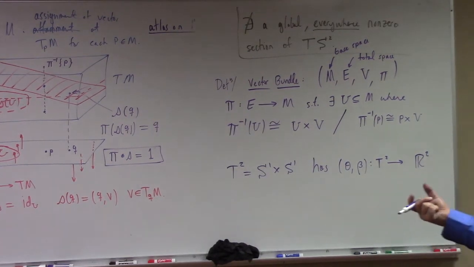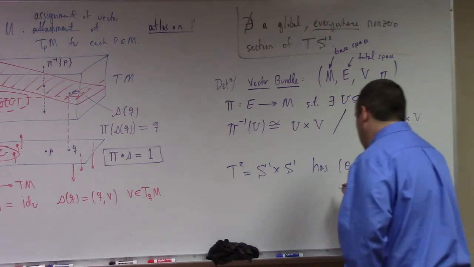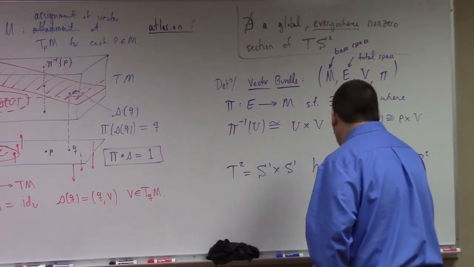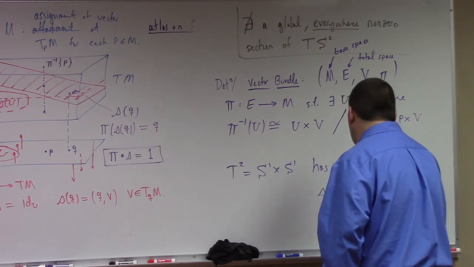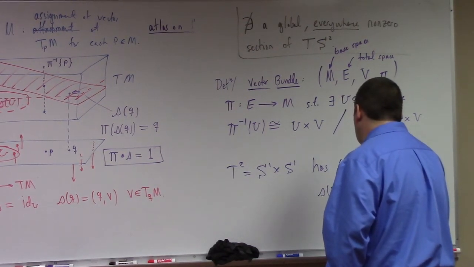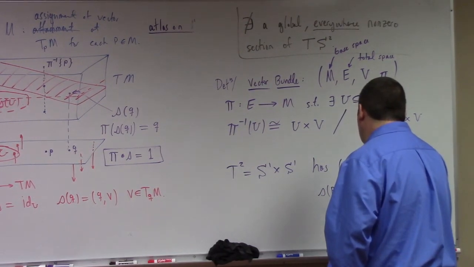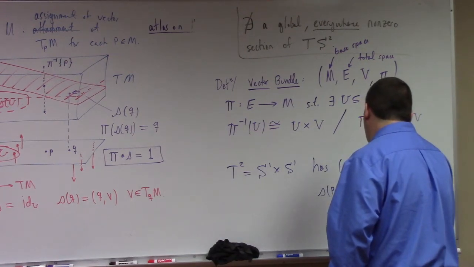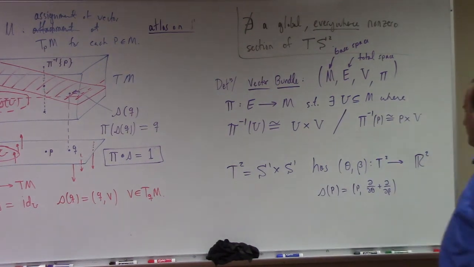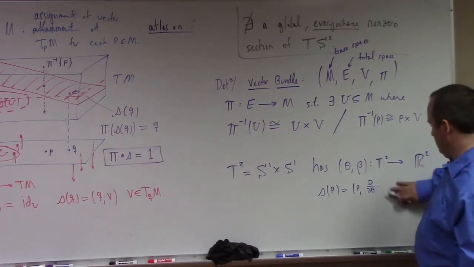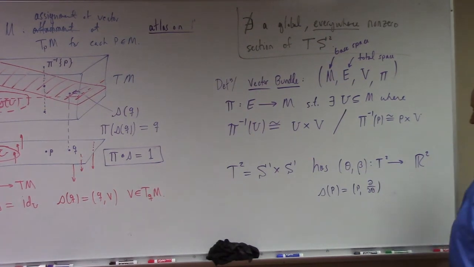And so what's the global section? How about s of p equal to p comma partial theta plus partial beta, or something like that. Or maybe I could just do partial theta. Probably should just do one. That's everywhere non-zero on the two torus.